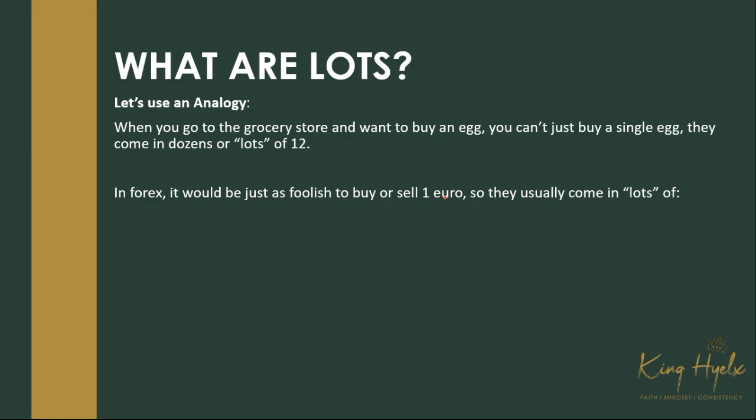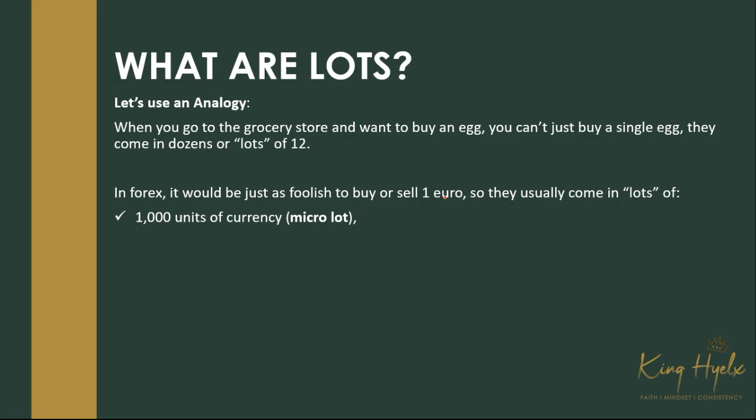Which means you are buying and selling a large quantity of euro to actually make money from the minute changes in exchange rates, right? So that's what lots are. So instead of buying 1 egg, or €1 in the case of forex trading, you are buying in lots, in certain quantities.